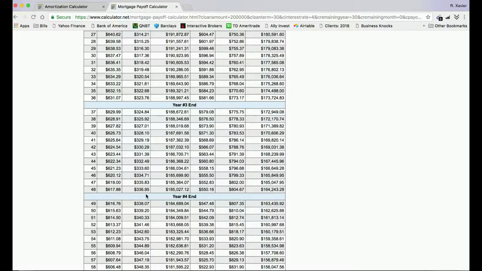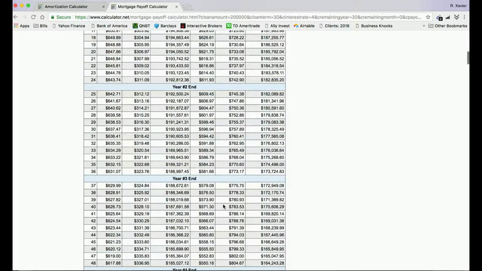If you were to just add 400 to that, it would be $736.95. Instead, you got $804.67. So you're actually benefiting over $70 a month at that level.